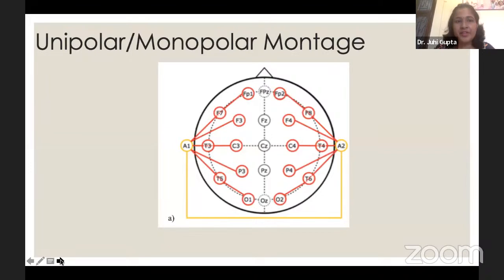The next reference montage is a unipolar or monopolar montage. Herein, all the left hemispheric electrodes are in reference to A1, which is the electrode on the left mastoid process, and the right hemispheric electrodes are in reference to the electrode A2, which is on the right mastoid process.